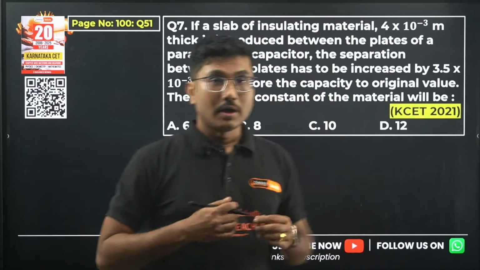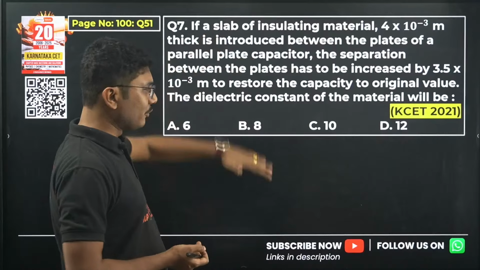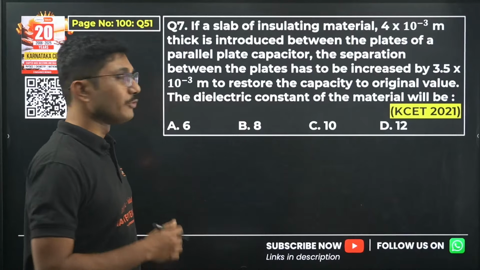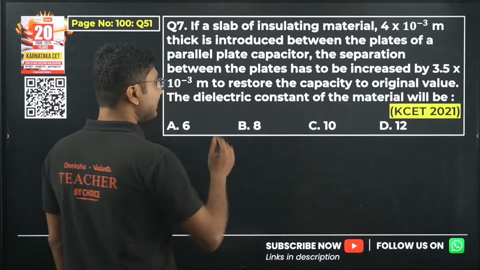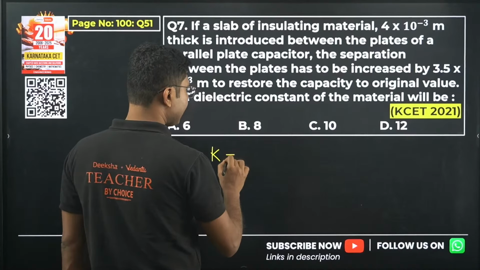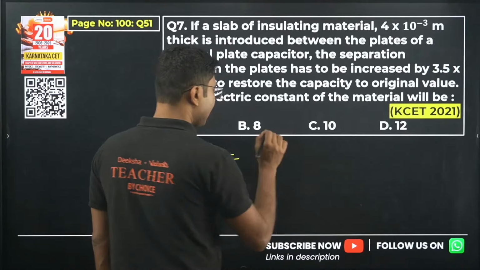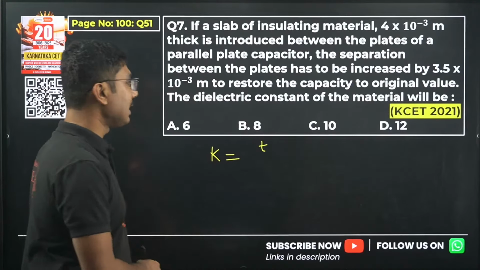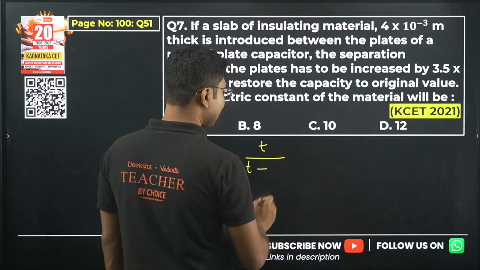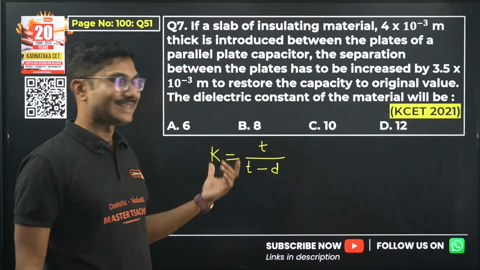I hope everyone will be able to solve this. If you want to derive the theory for this question, it will be a little long, so I am just doing the shortcut. In such cases, remember, the dielectric constant K is given by the thickness of the dielectric material divided by the thickness minus the distance that you have to increase, in case you want to keep the capacitance the same.